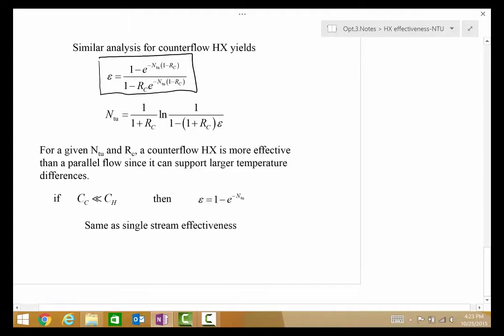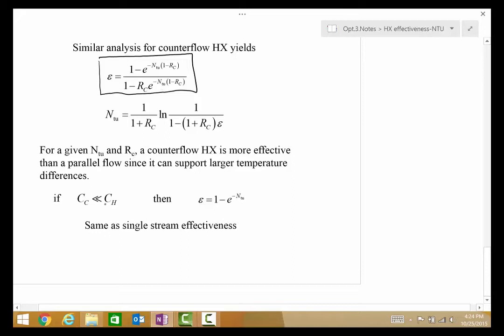What that really means is that for a given NTU and RC, the counterflow heat exchanger is more effective in terms of the overall transfer of heat, since it can support larger temperature differences. You get a larger epsilon from the counterflow system than the co-flow system, given the same NTUs and RCs.